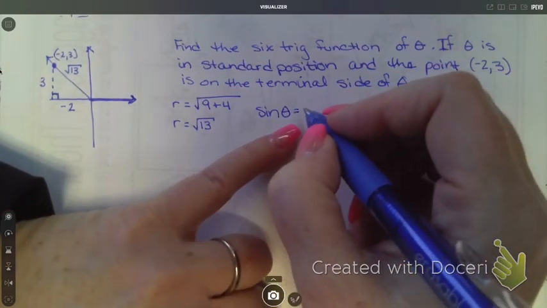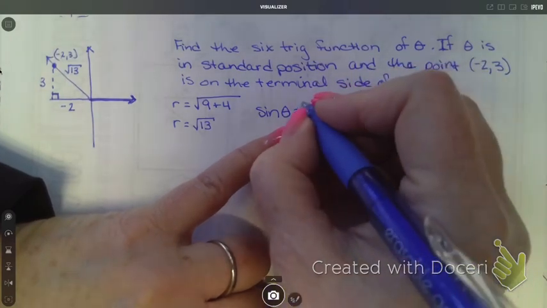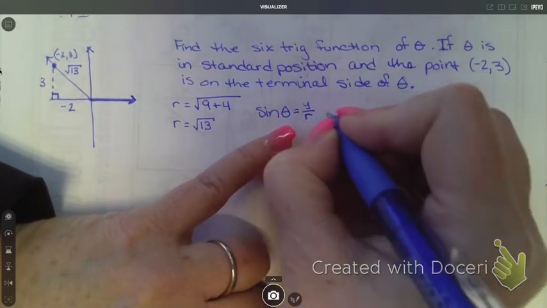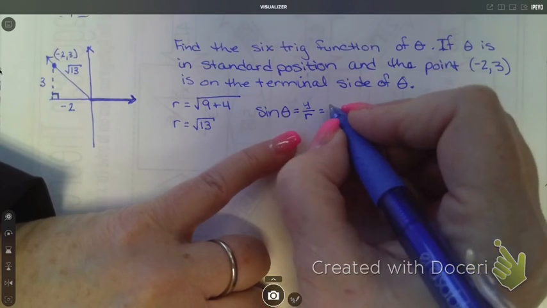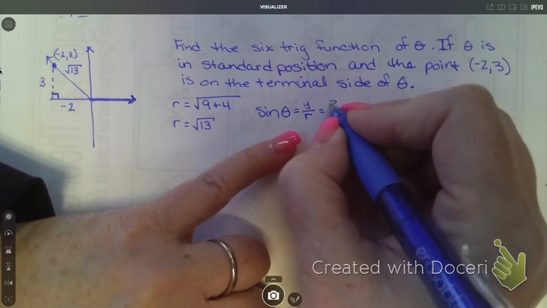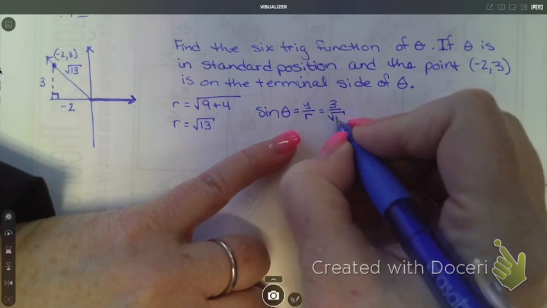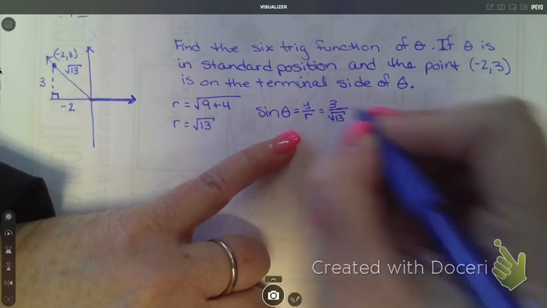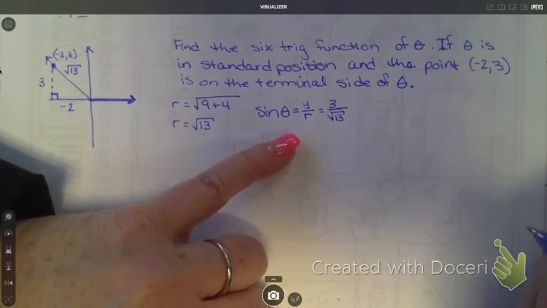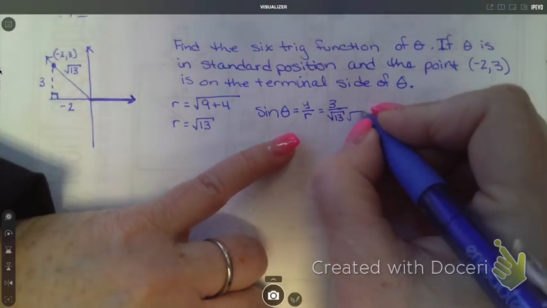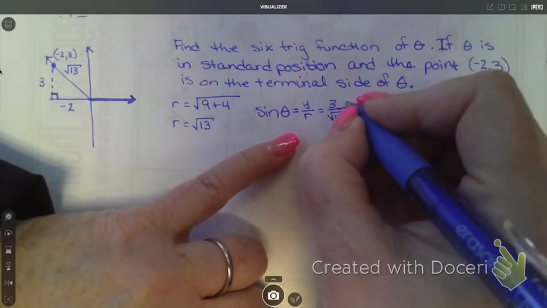Sine of theta is y over r. y is 3, and r is the square root of 13. Can I leave the square root of 13 in the denominator? No. Do you remember how to get it out? Multiply by the square root of 13.